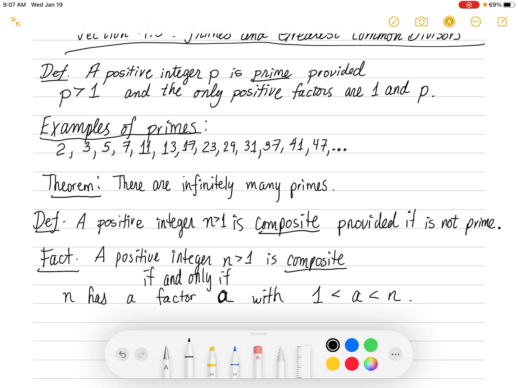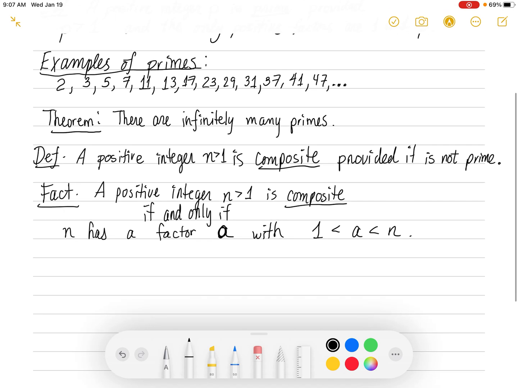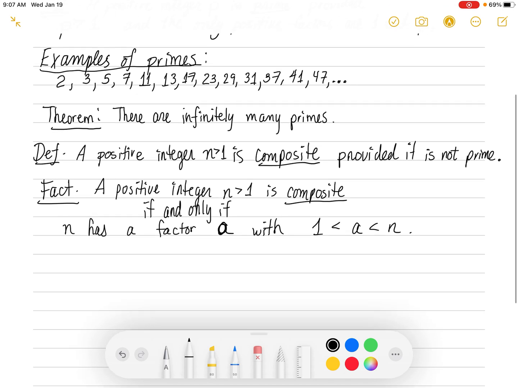So a positive integer greater than 1 is composite precisely when it has a factor between 1 and n. So it's not equal to 1, it's not equal to n, it's in between there.